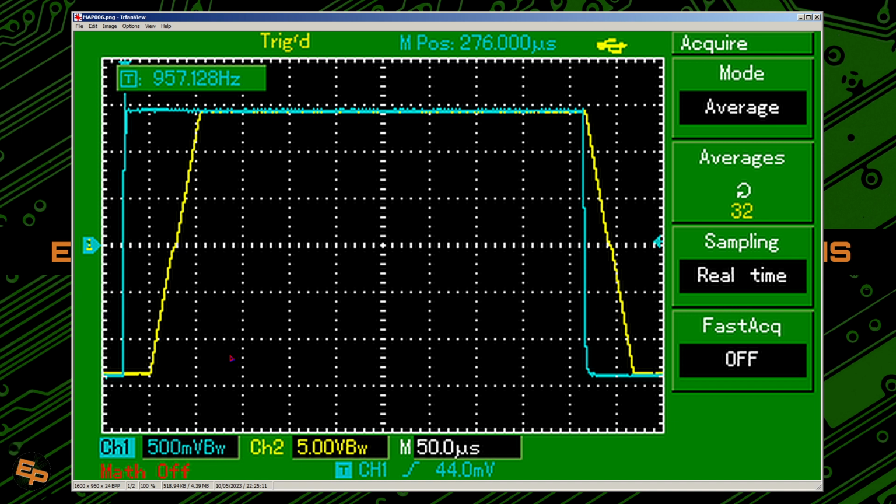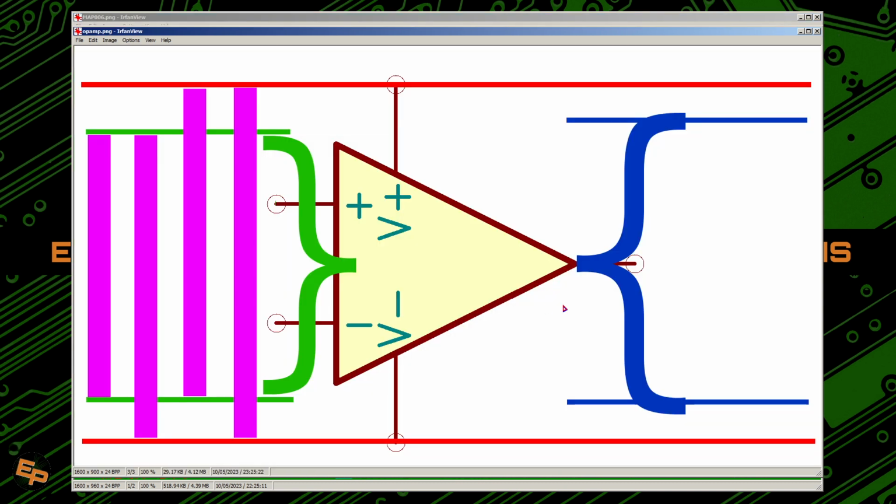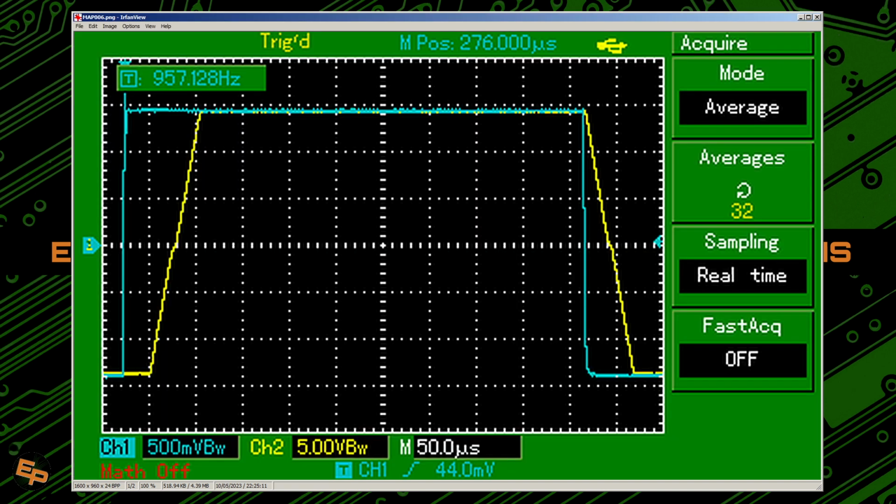So the op-amp will try to make the output voltage as high and then as low as possible, but it will hit those rails, those output limits that it has, and that causes it a problem.